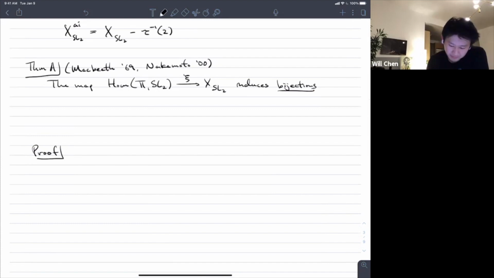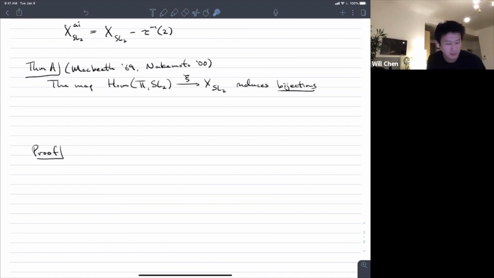Okay, so at least once you've restricted to the absolutely irreducible part of the character variety, it turns out there is a very good answer. There is a very good moduli interpretation for the F2 points of the Markoff surface. The statement is due to McBeath in 1969, where he works this out using very explicit equations, very explicitly inside SL2.